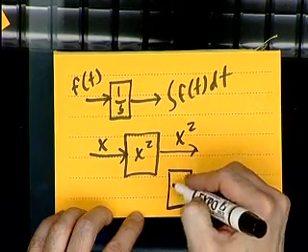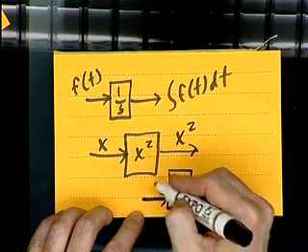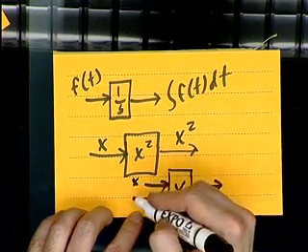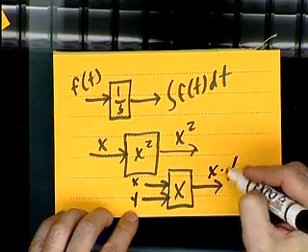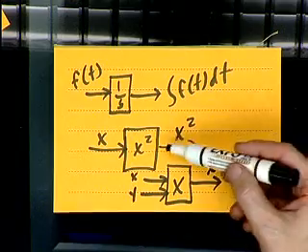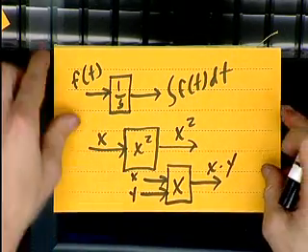There's a product block, that's supposed to be a times sign now, where 2 things could go in and out comes their product. So if x and y went in, x times y went out. That's also a nonlinear operation, but Matlab Simulink does support that in the Simulink diagrams. All right, so let's take a look at the diagrams.